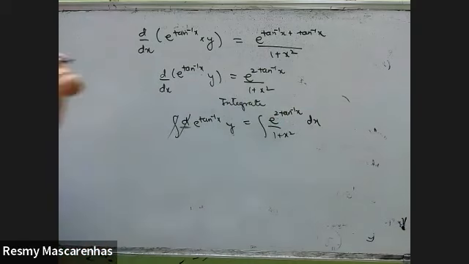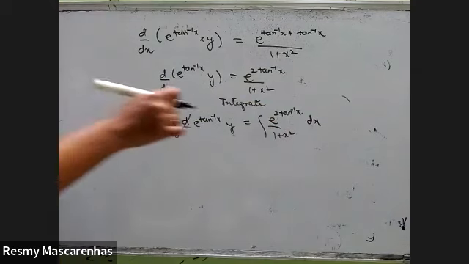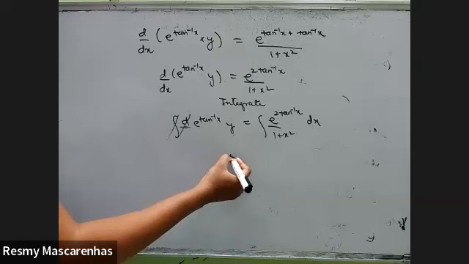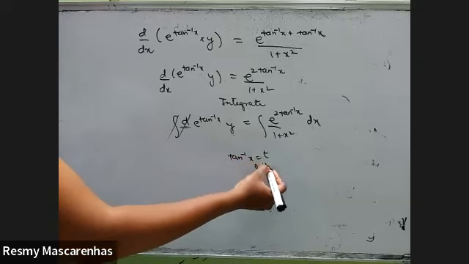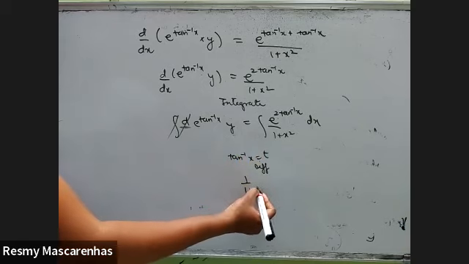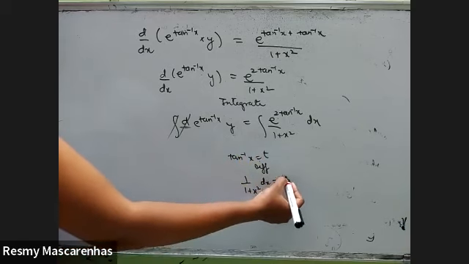Now I have to integrate this. So we'll have to use the substitution method. You can put tan inverse x equals t. So when you differentiate, you know that 1 upon 1 plus x square dx will be equal to dt.